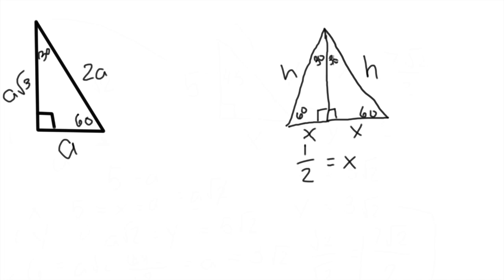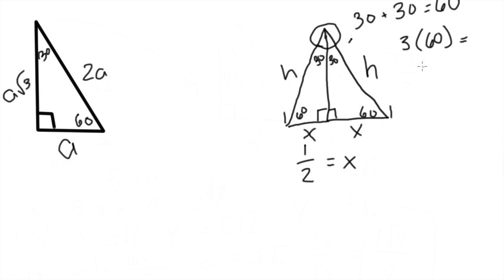We know that this is equilateral because if we add the two angles here, which is 30 plus 30, that gives us 60. And then we would have angle 60 here, angle 60 here, and angle 60 here. 3 times 60 equals 180, which means that we do have a real triangle.